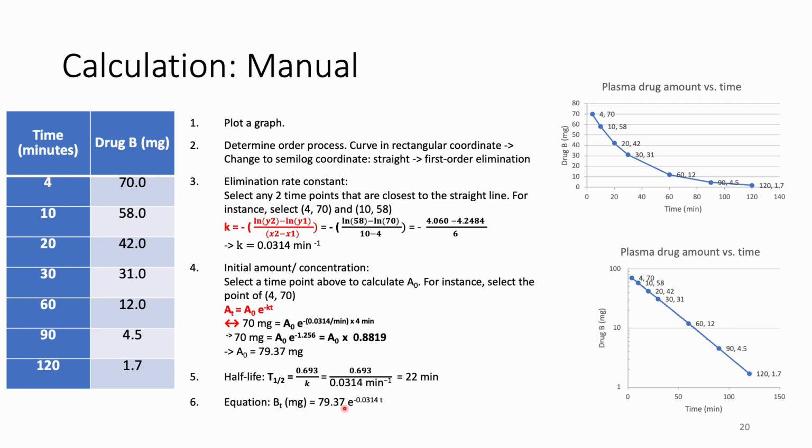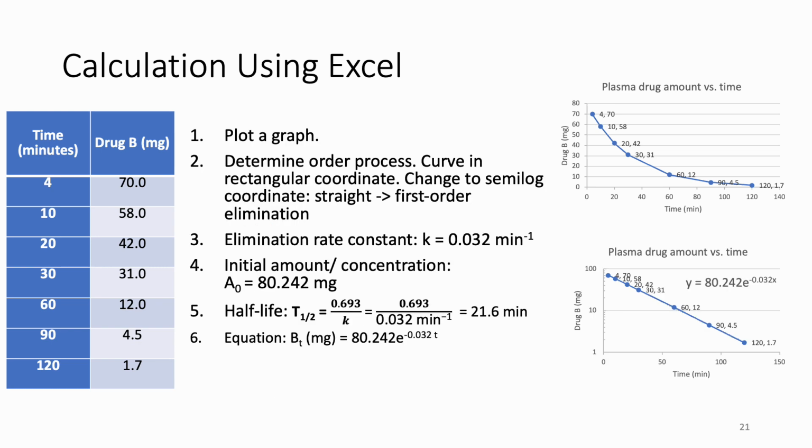So if I know the time t, I can predict the amount using this equation. You should know that manual calculation using a calculator is not very accurate because it depends on the time points you use. To make it more convenient and more accurate, we have Excel, or you can use Windows software. Excel is very easy. I plot a graph within a minute and see the curve.